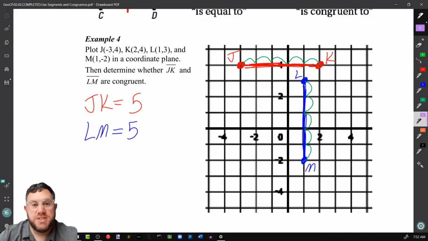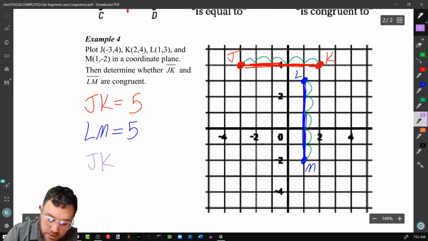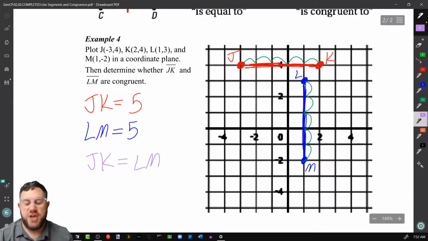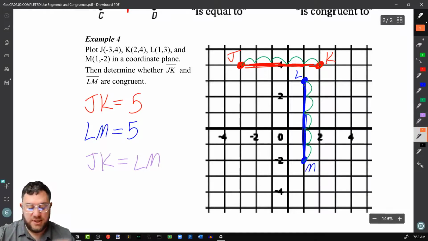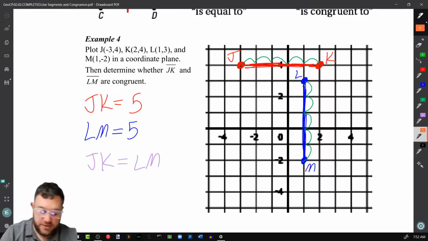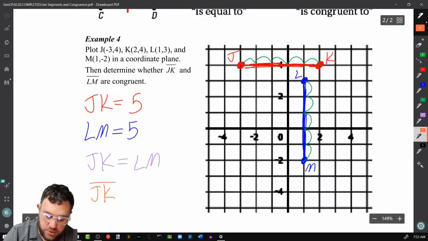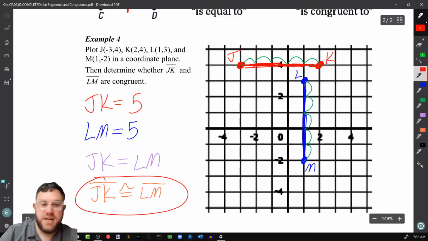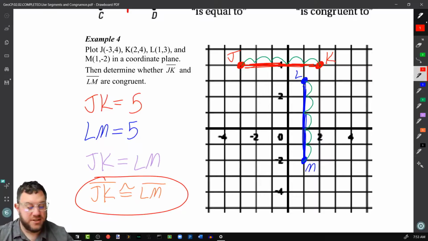So we would say those are equal to each other, right? 5 equals 5. So we would say JK equals LM. This says the length of JK equals the length of LM. And then because their lengths are equal, we know segment JK is congruent to segment LM. So yes, they are congruent because their lengths are equal.